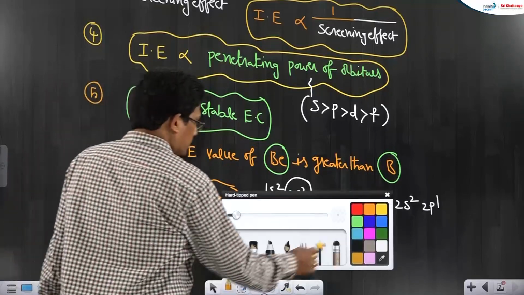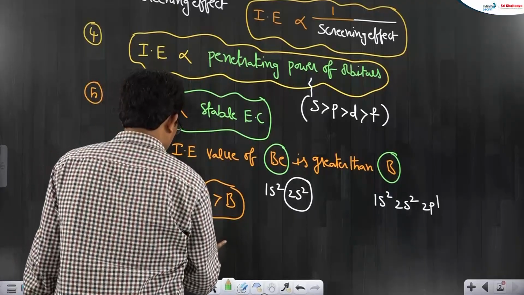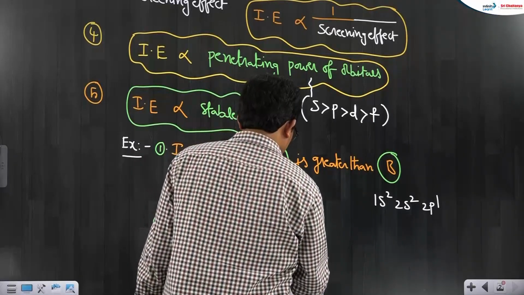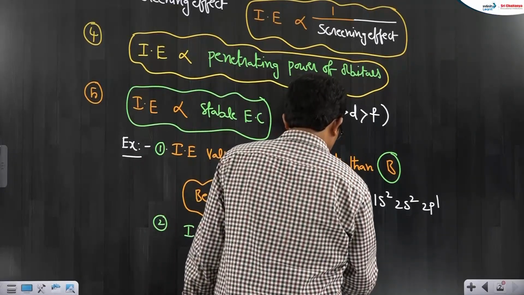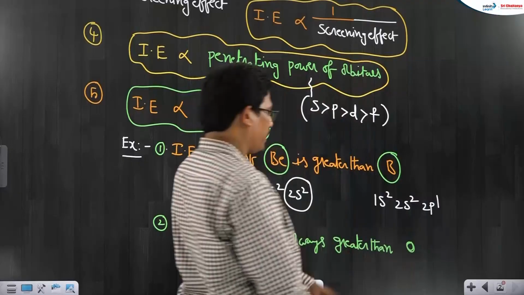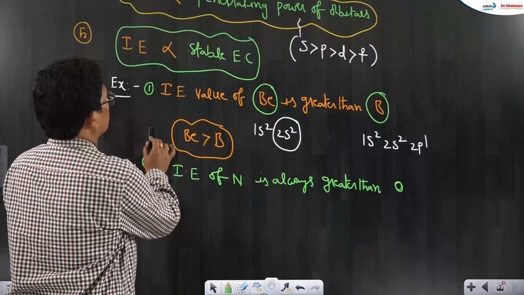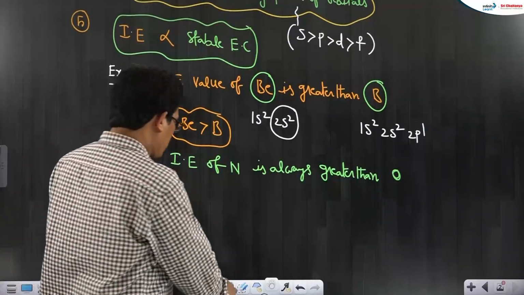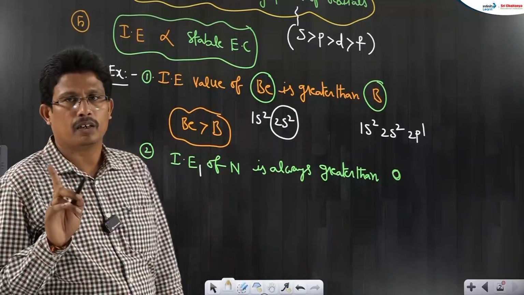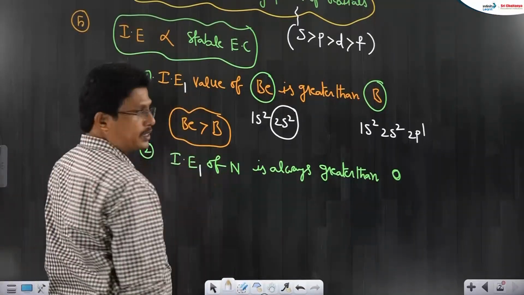Similarly, ionization energy of nitrogen is always greater than oxygen in same period. In second period, ionization energy of nitrogen is always greater than oxygen. It is first ionization energy, IE1.